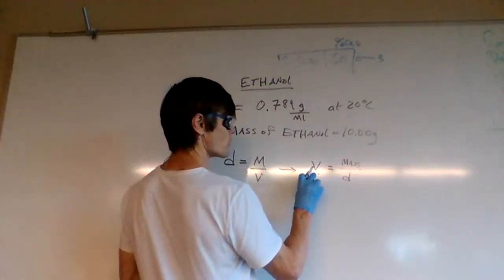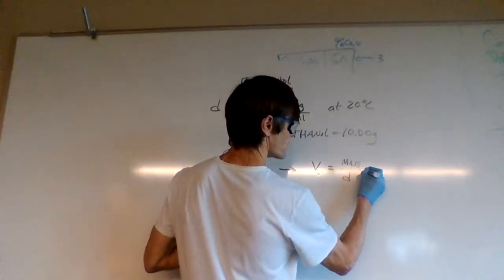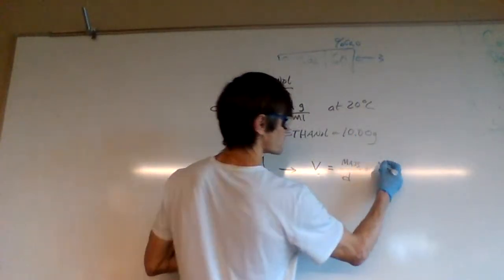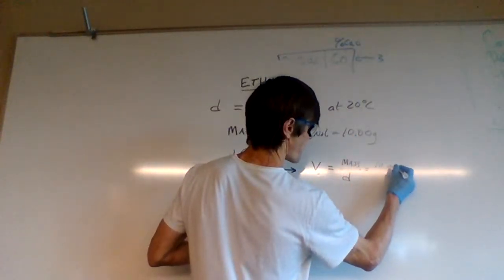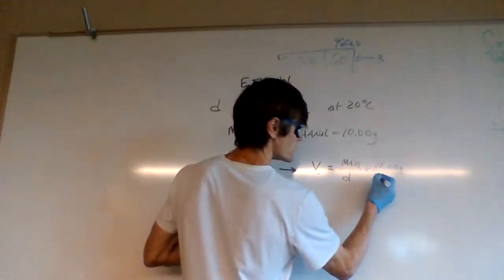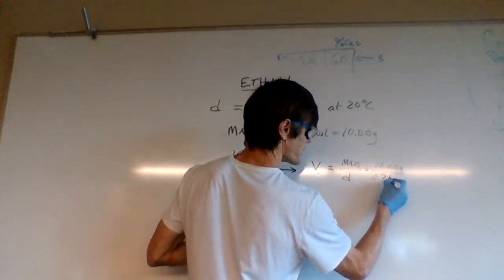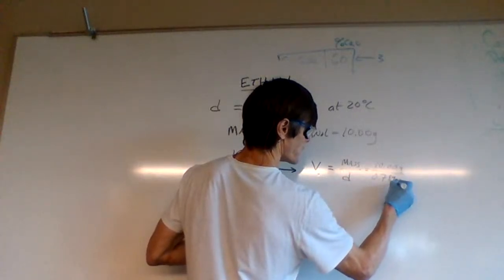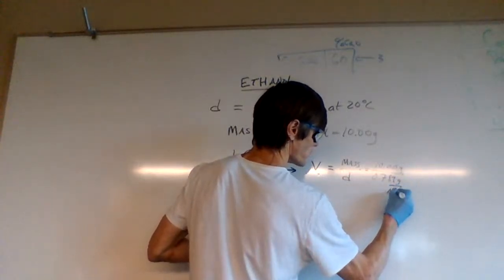So let's calculate our volume. Here's our mass, 10 grams. Here's our density, 0.789 grams per milliliter.